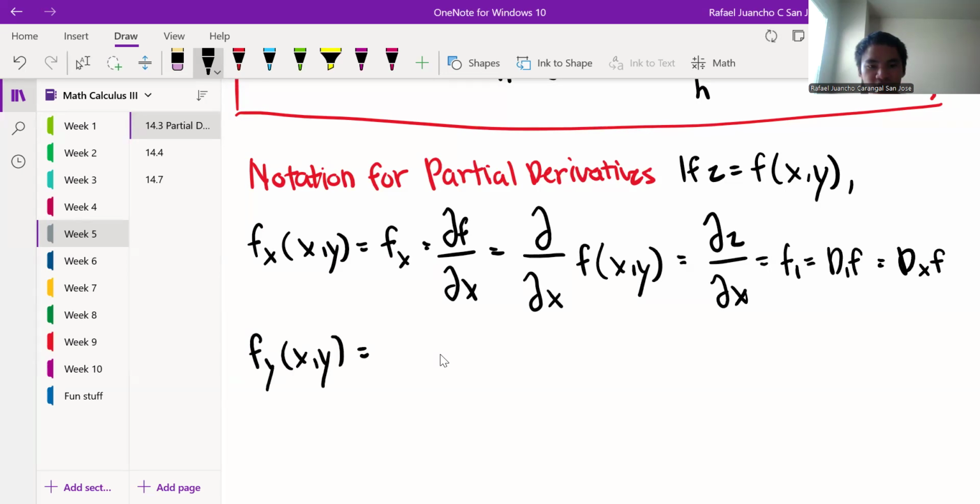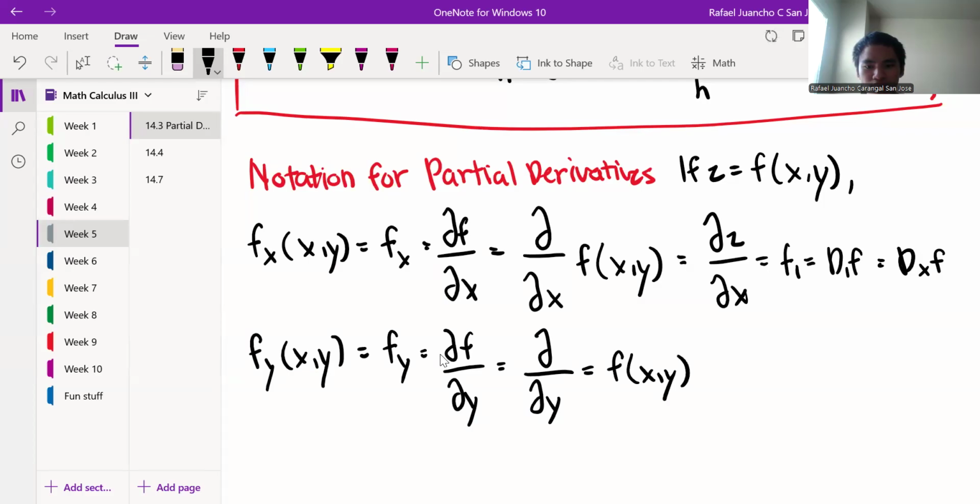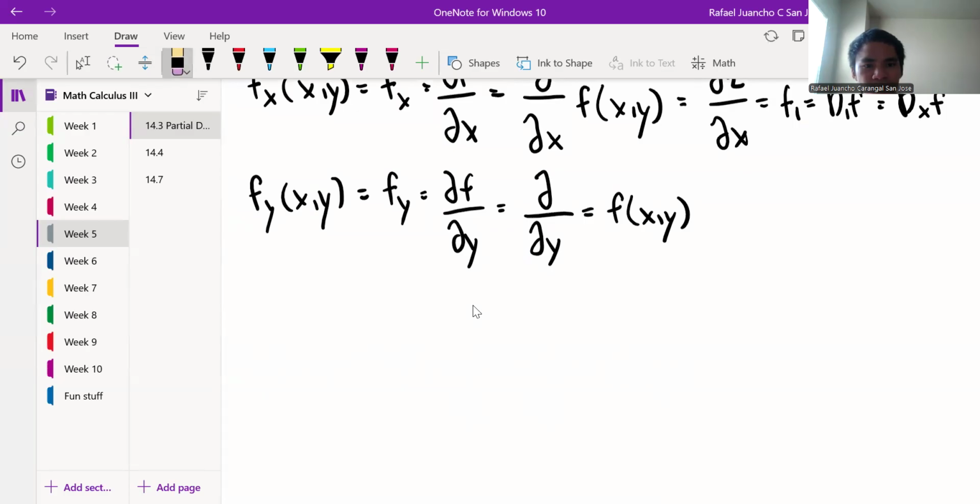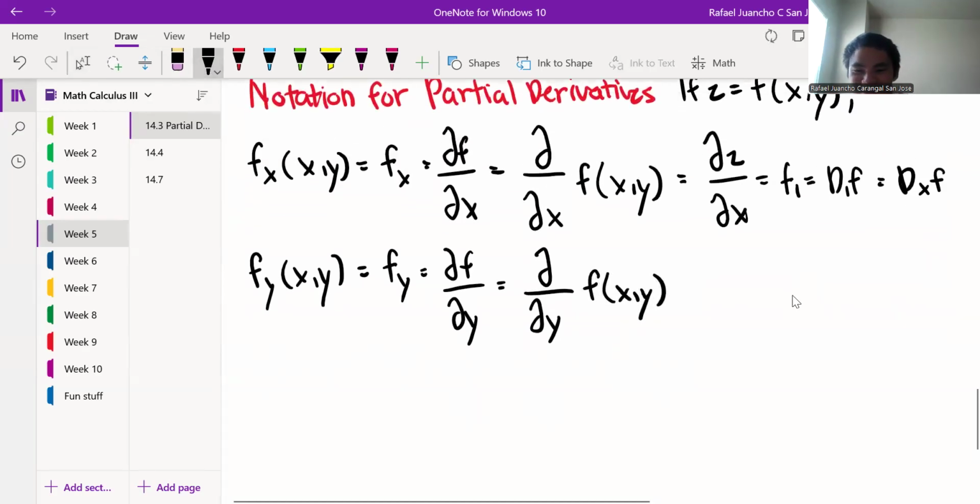Then here's just everything in terms of y. Now that's a lot of notations. How do I know which one to use? I'll use what my professor uses. When I'm doing homework, I'm just going to use that.